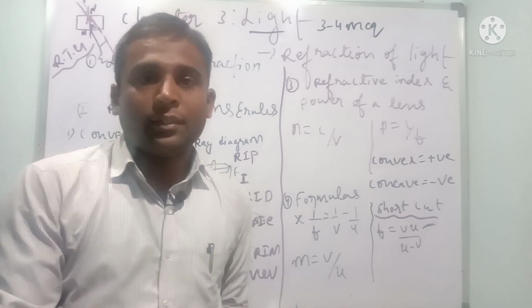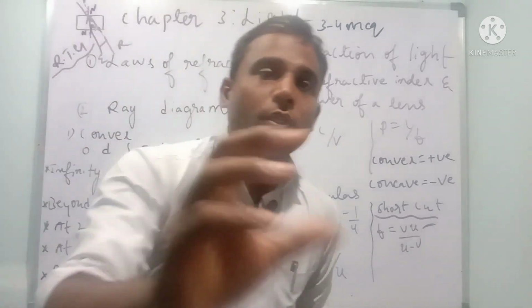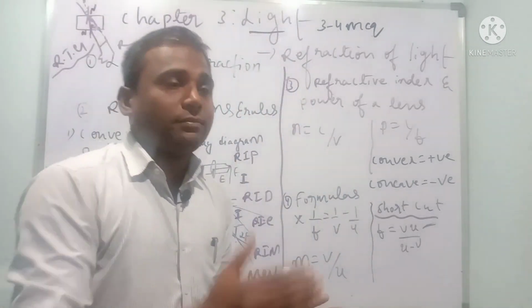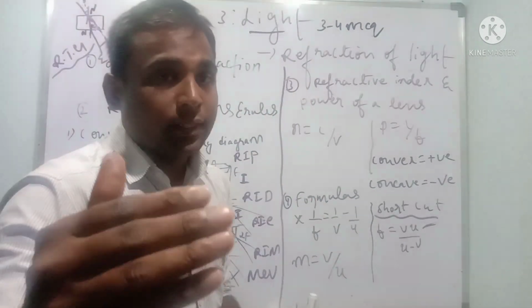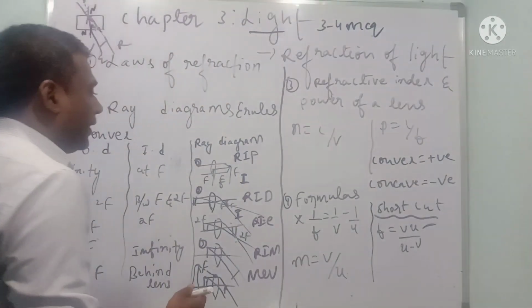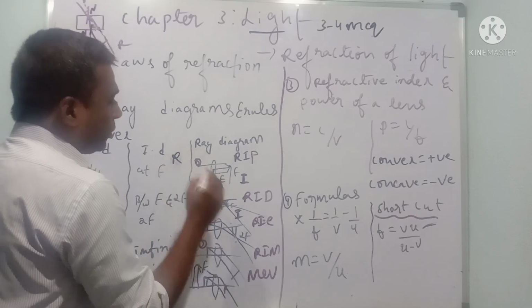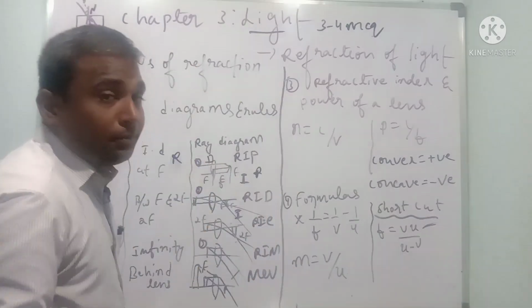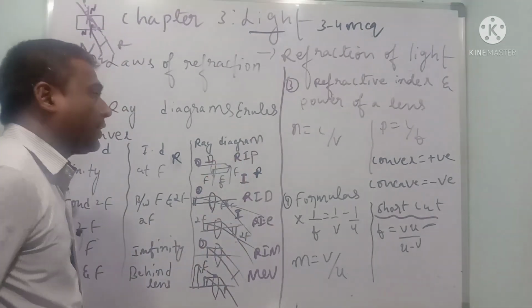So what is refraction? Take a ball, throw it through the window, then the ball will go from one medium to another medium. That is called refraction. It means when we pass light from a rarer medium to a denser medium and it comes again to a rarer medium, that is called refraction of light.